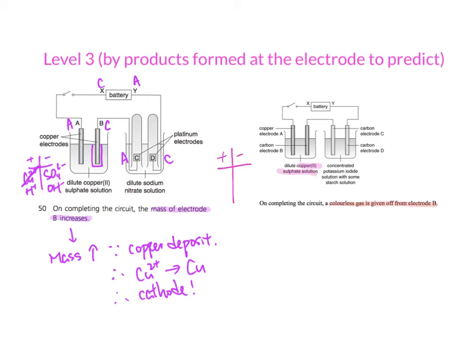We'll find that the ions are Cu2 plus, H plus, SO4 2 minus, and OH minus. The discharged ones should be Cu2 plus and OH minus.